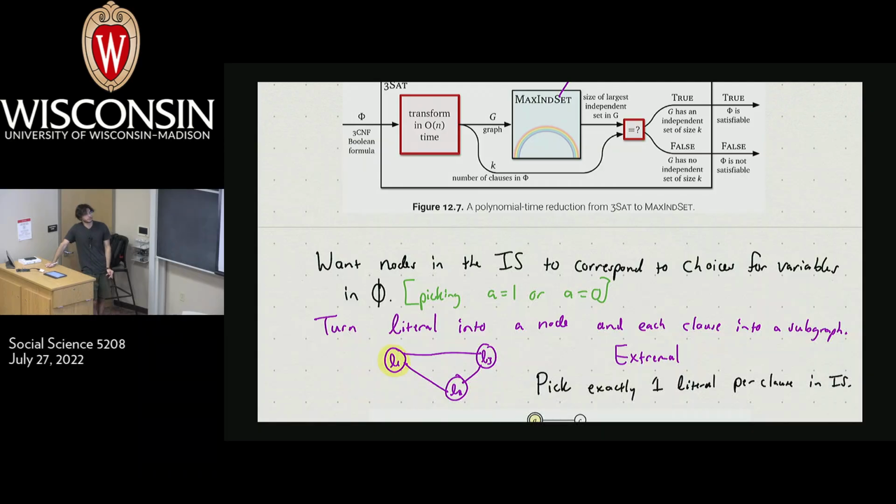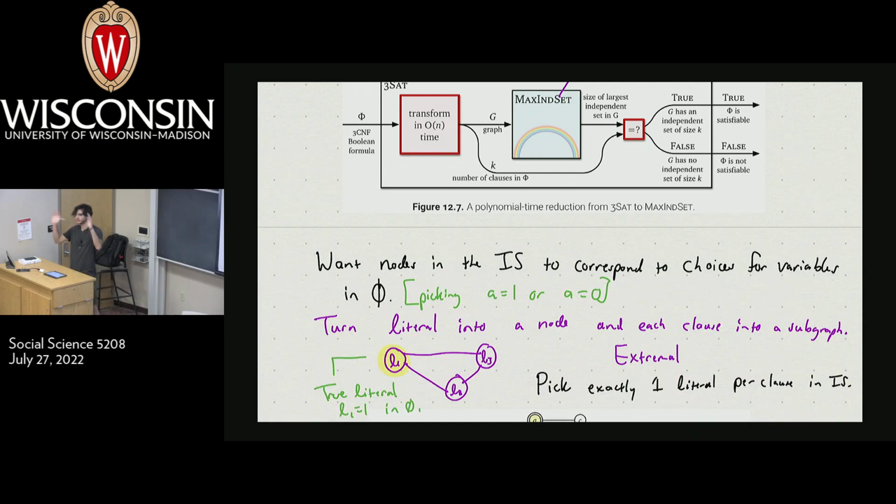That helps, but even better, maybe we're picking that to be the true literal. So let's say the node in the independent set is going to be the true literal. In the formula phi, this is the literal we make equal to 1, so we make L1 equal to 1 in phi.